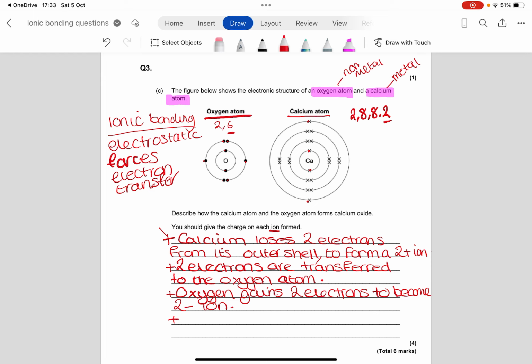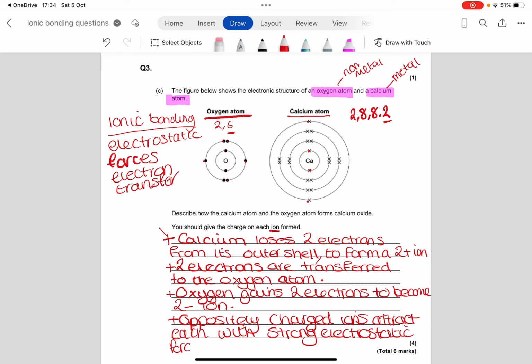And then we've got oppositely charged ions attract each other with strong electrostatic forces.